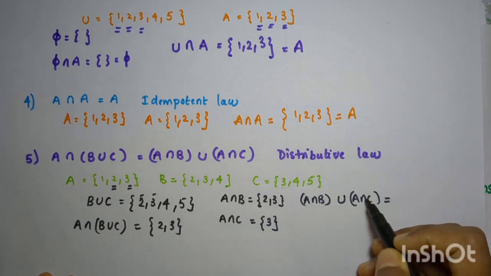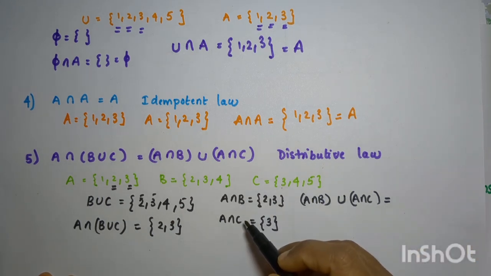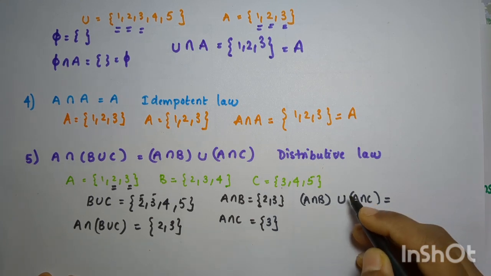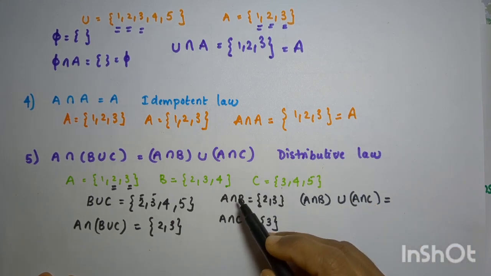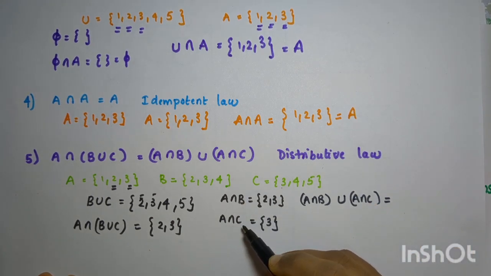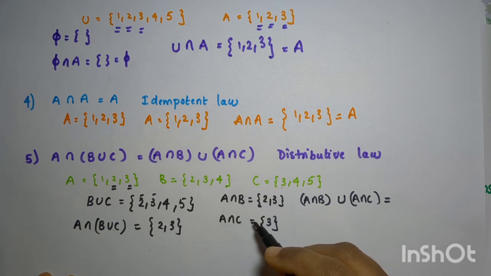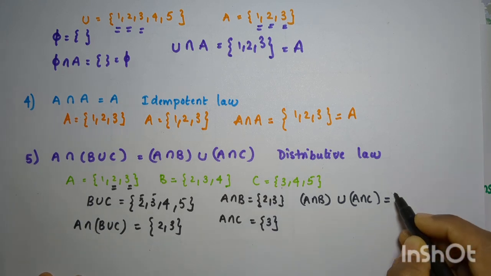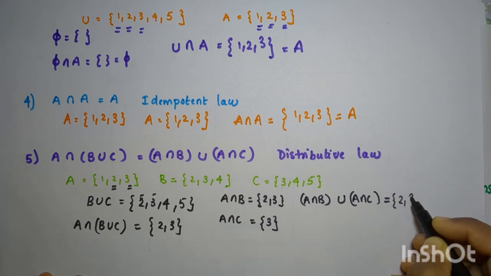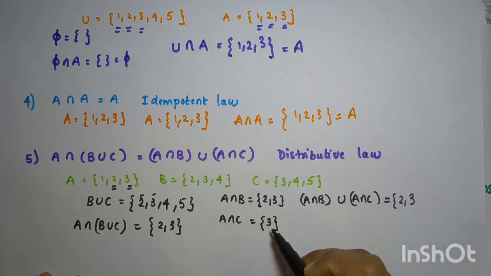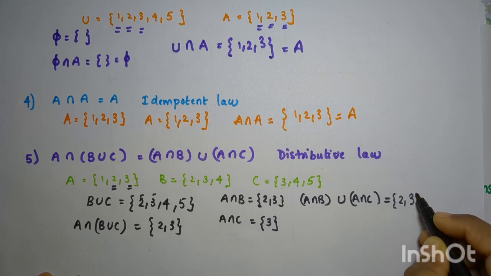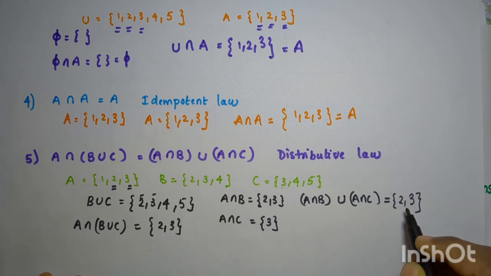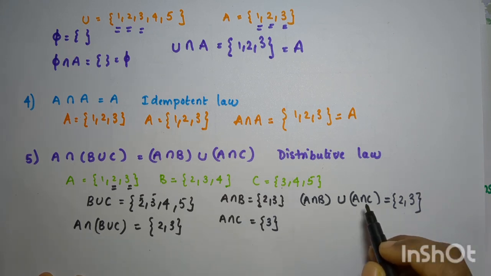While we are considering the union of these two sets, we have to write all the elements in A intersection B and in A intersection C, but no need to repeat the elements. In A intersection B we have 2, 3. In A intersection C we have 3, which has already been written, so no need to write it again. So this is (A intersection B) union (A intersection C).